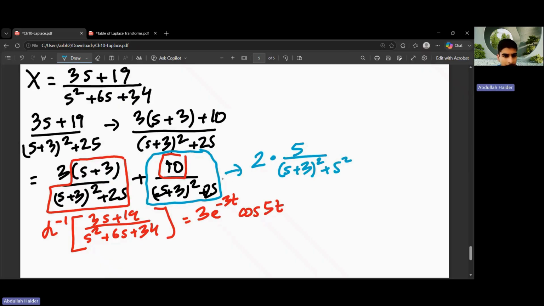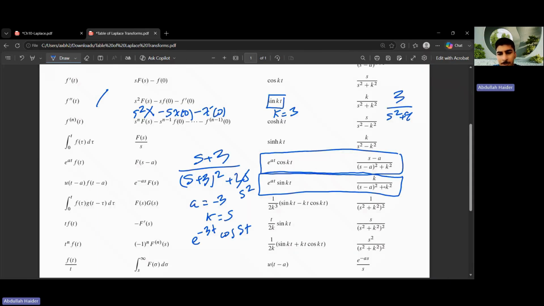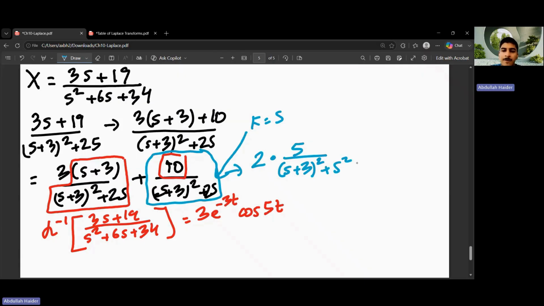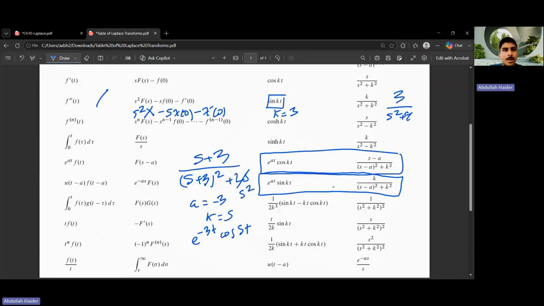Because our k in this part is 5, and if we are to use this formula, we need 5 on top. So s minus a squared plus k squared means 5 should be here and 5 should be here. That is why I have a 5 squared here and a 5 here, and I can keep the 2 outside so that I can use this formula properly.